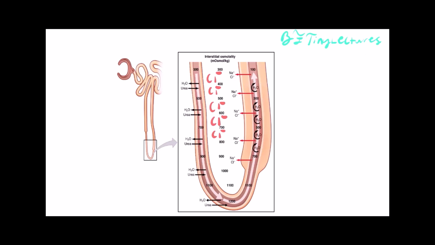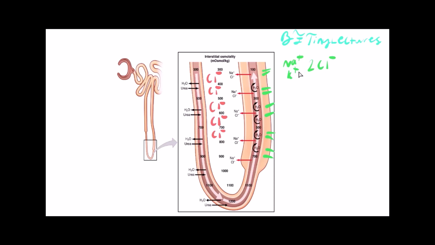Why is that? Well, the way that it leaves the ascending loop of Henle is because it uses these little channels right here. And these channels have special names. These channels are going to excrete 1 sodium, 1 potassium, and 2 chloride ions. We have 2 positive ions and 2 negative ions.